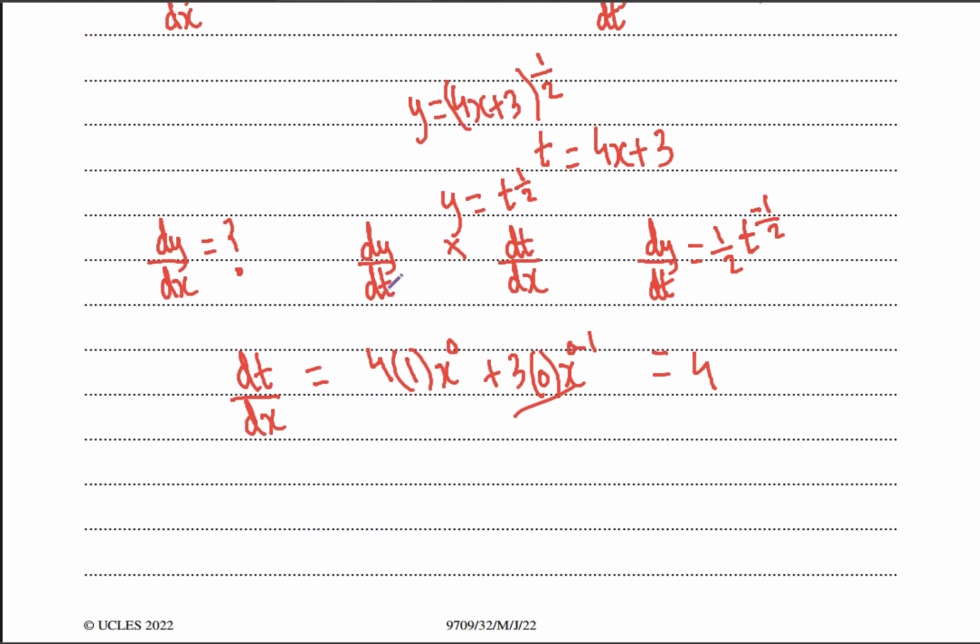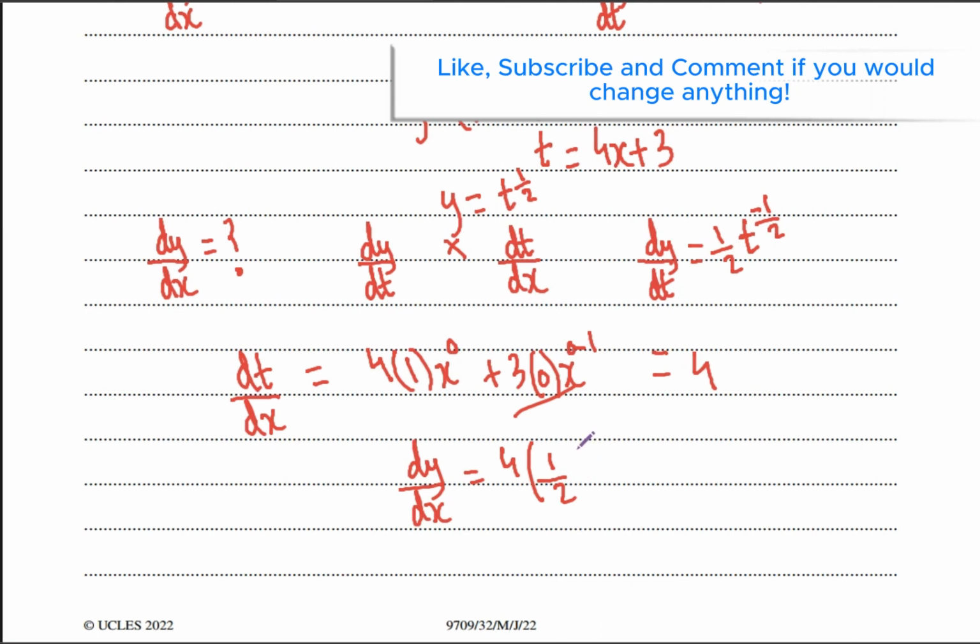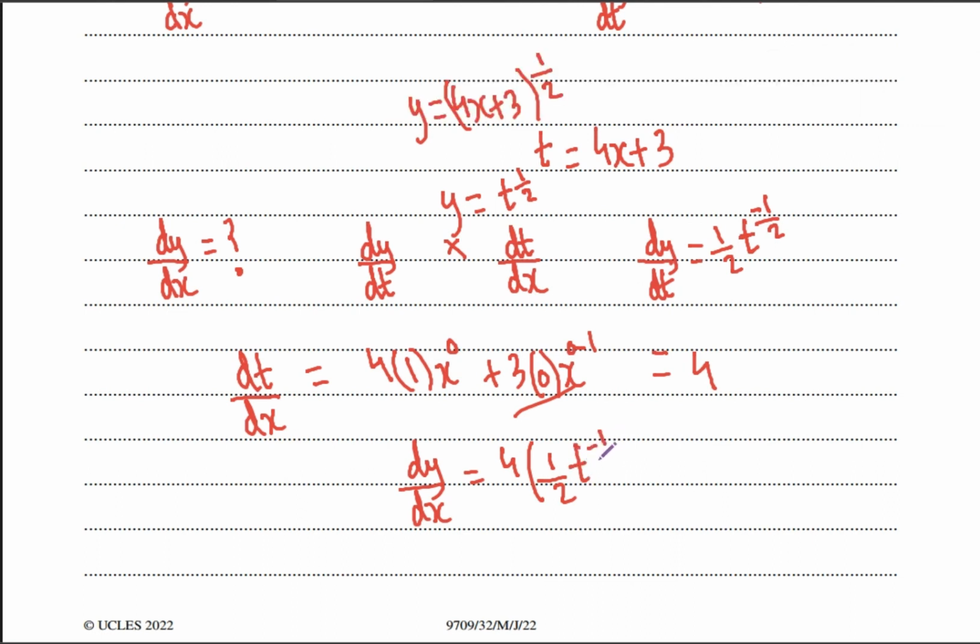dy by dx is dy by dt times dt by dx. So we have dy by dx is equal to 4 times, dt by dx times dy by dt is the same thing, you change the order around. And dy by dt is a half t to the negative a half.